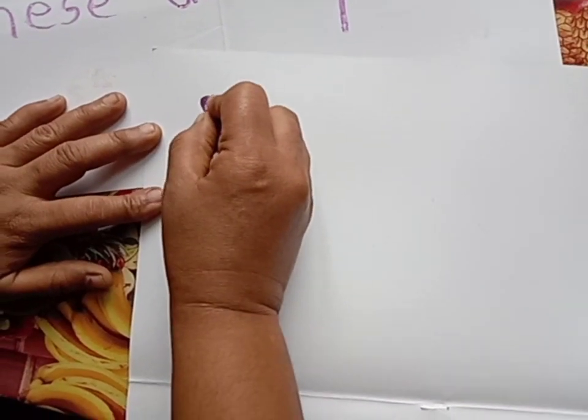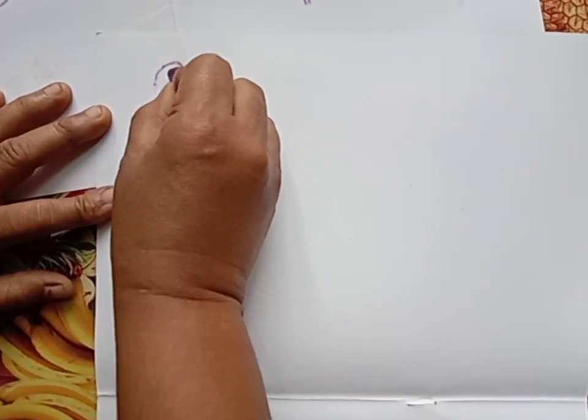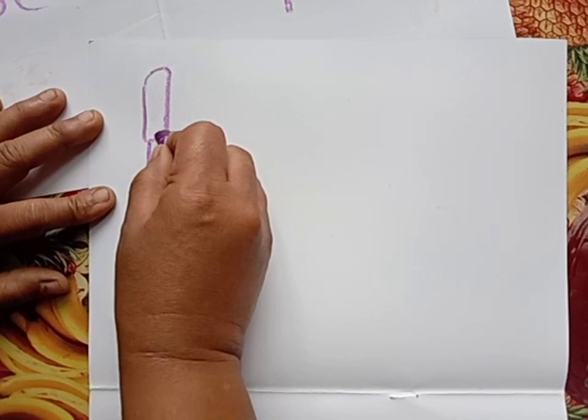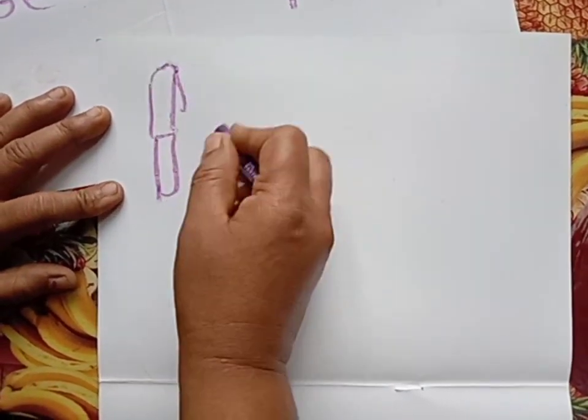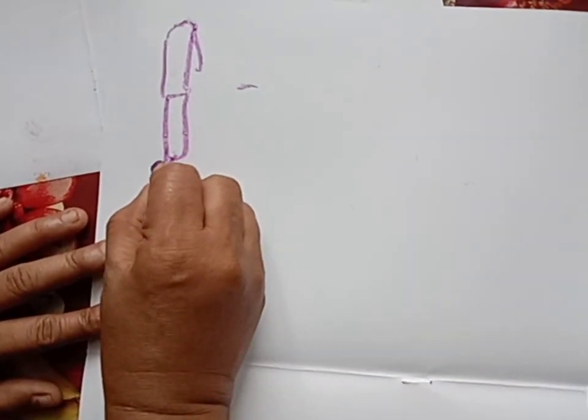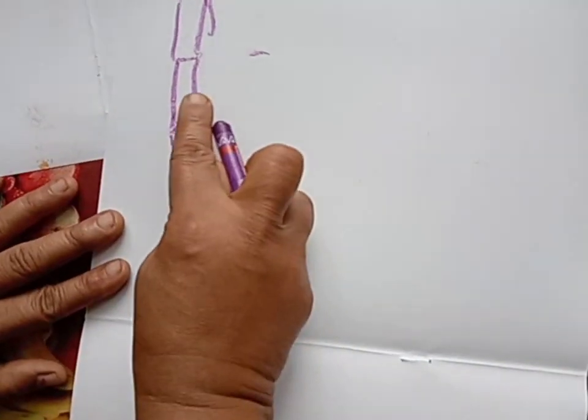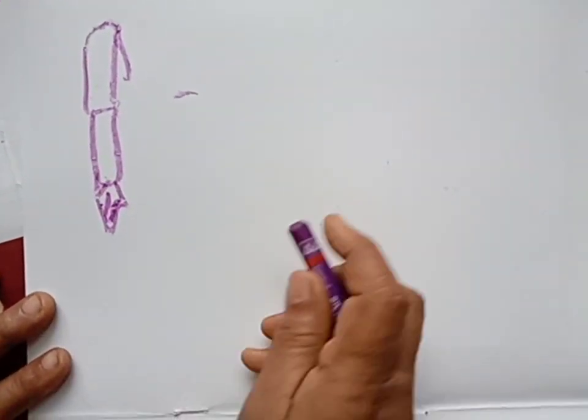Can draw a picture of a pen. See, this is a picture of a pen. A pen, one pen. Okay.